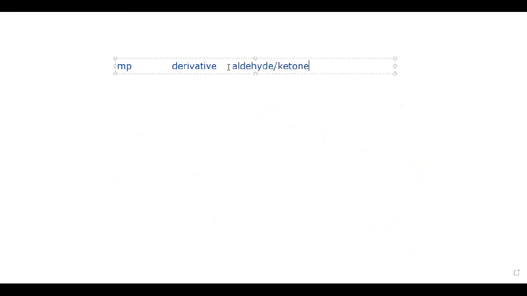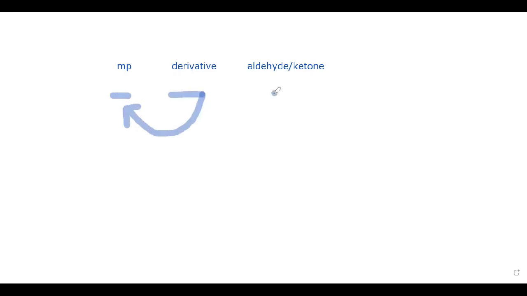These three things are there. Your job now is the data booklet. From here you have a value, the melting point, and in the data booklet you will find which derivative has that melting point, and you also get in the same data booklet which aldehyde or ketone it is. So this is how you can identify the particular aldehyde or ketone. Is that finished? Is everything clear? Any questions?